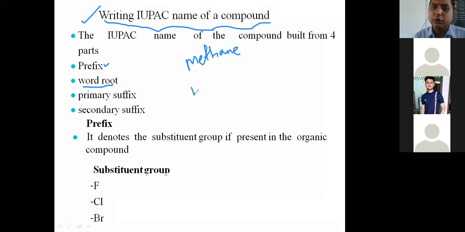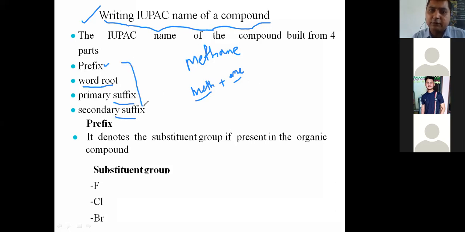So in methane, the meth is the prefix, and this one, the ane, will be the suffix. Good one. And there is also the root name, the primary suffix as well as the secondary suffix.